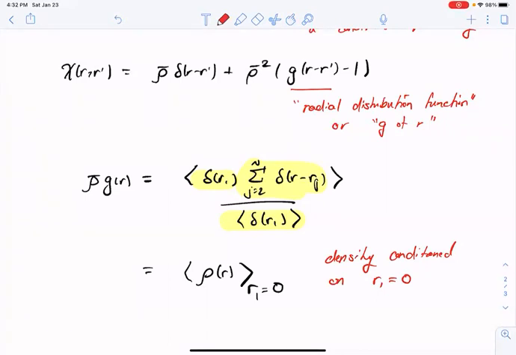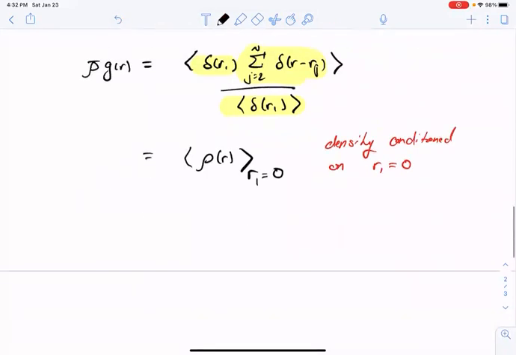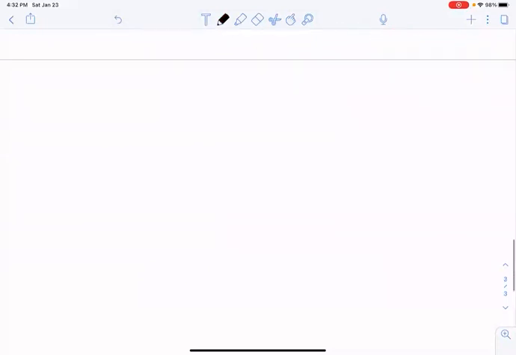But note, the correlation function for density fluctuations has a diagonal trivial piece, and all of the non-trivial structural information comes from this G of R. Okay? So those are two components of our density field that we need to know how to manipulate. We are building some intuition for them.